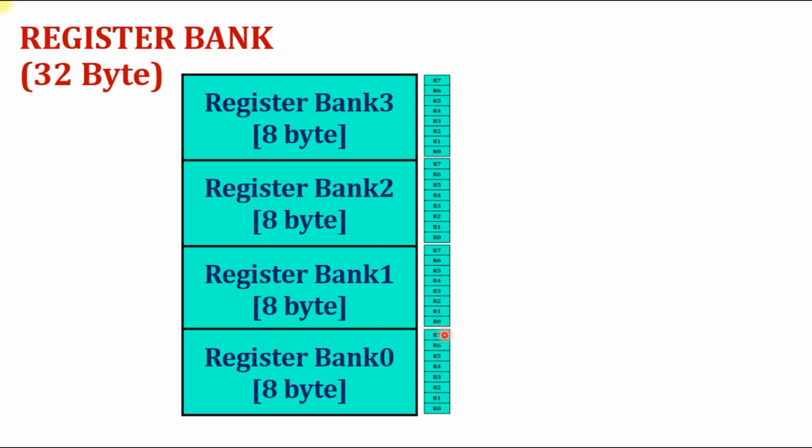From bank 2 itself one more set is available, so 4 sets of R0 to R7 are available. If you want to access R0 to R7 from register bank 2, the programmer has to select it.